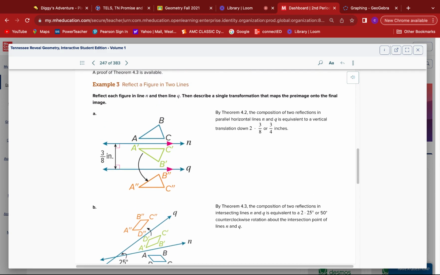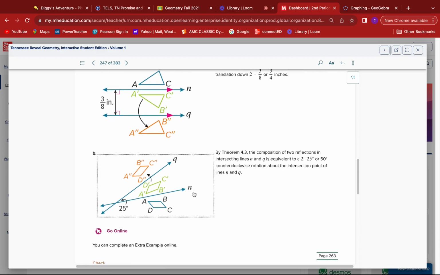Looks like it's been done for us, which is great. So they're taking triangle ABC and they're doing a reflection across line N and a reflection across line Q. And it looks like the original distance is 3/8, double that to get the double reflection. So 2 times 3/8 is 3/4.